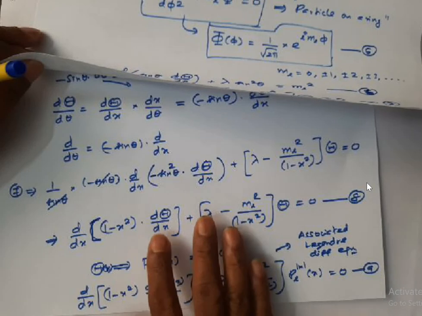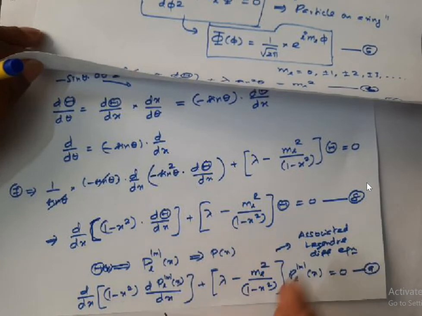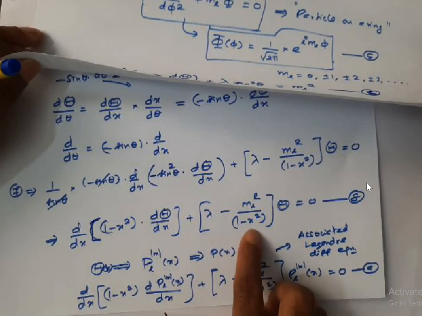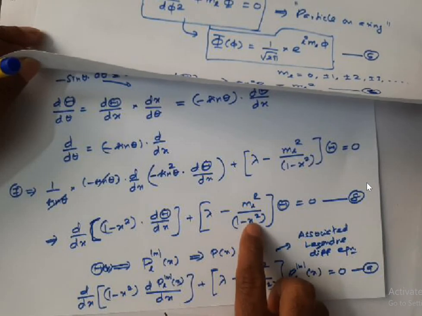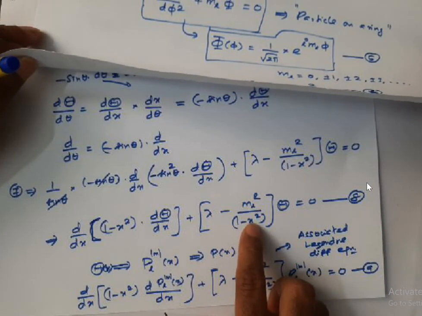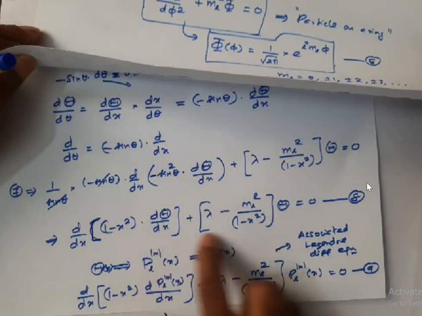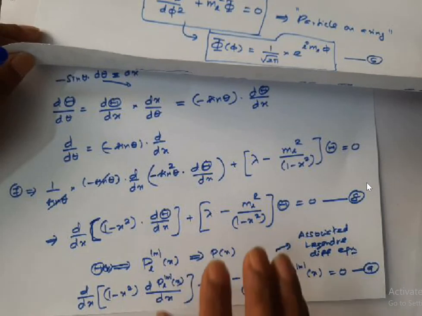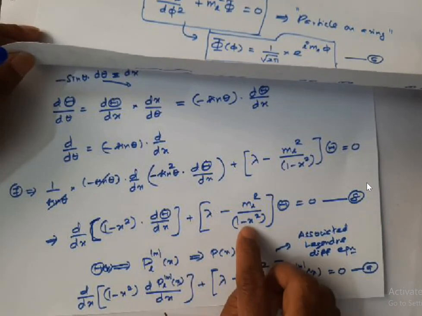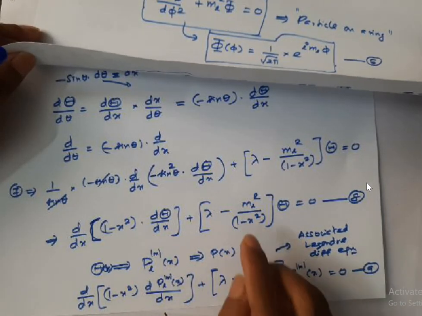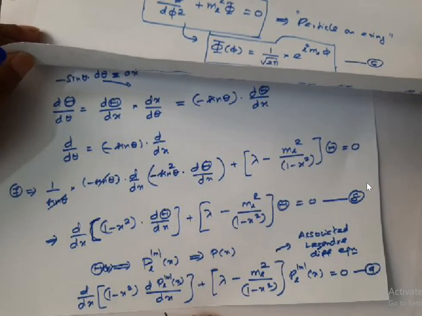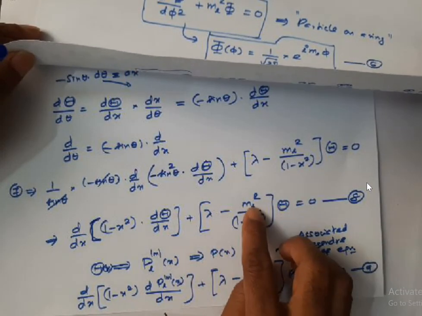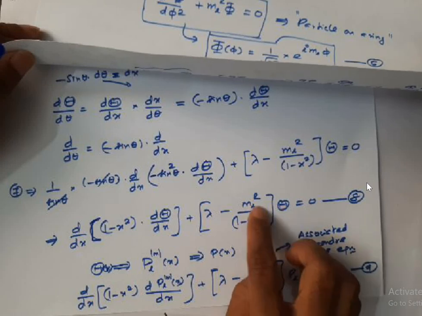So the Legendre differential equation will diverge. If x square approaches 1, the equation diverges. Therefore, we have to concentrate on that. We should not allow the equation to go to infinity. So we have to do something about the product of this ml square and theta.